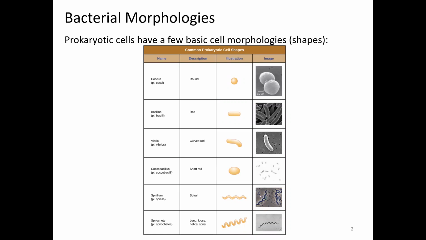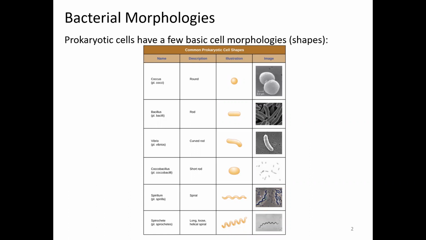So morphology is a fancy word for shape. And so today I'm going to use it interchangeably, the terms morphology and shape, but after this video, I will constantly just say morphology. So there are three major categories of morphologies, and that's going to be circular, rod-shaped, and spiral-shaped cells, okay?